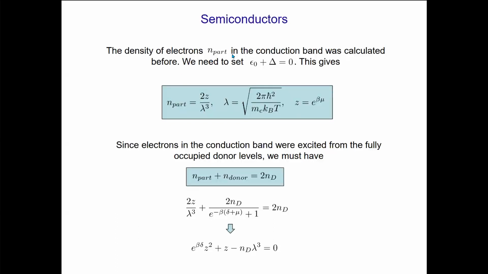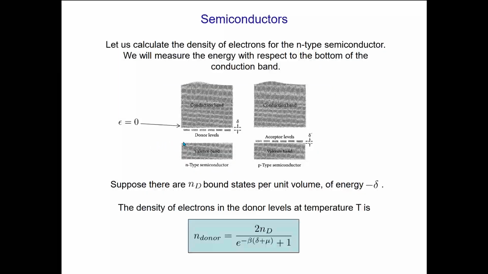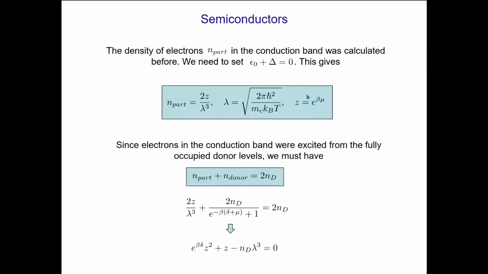Now, the number of particles in the conduction band we already calculated before. But before, we measured energy with respect to this level, and now we measure it with respect to this level. So all we need to do is shift the energy epsilon by minus delta, or set in previous formulas epsilon_0 to plus delta, where we calculated the number of particles in the conduction band. Okay.